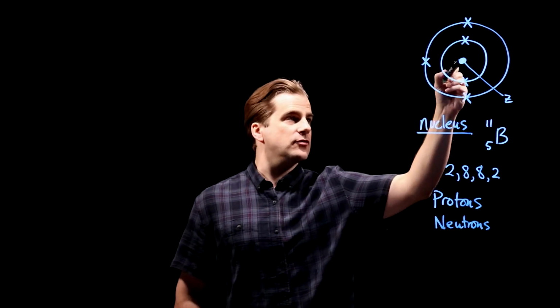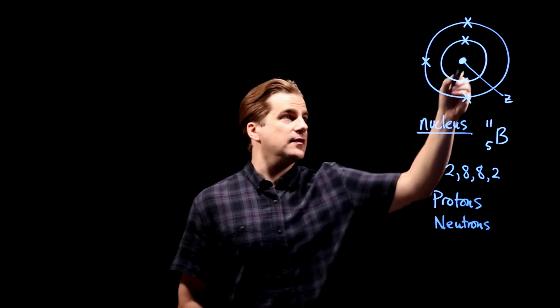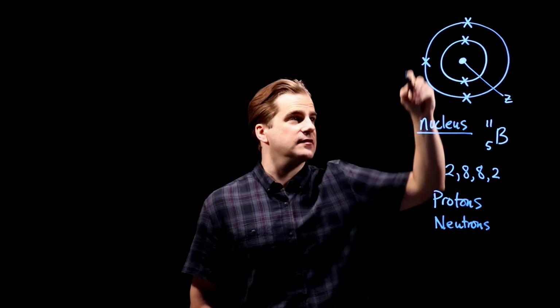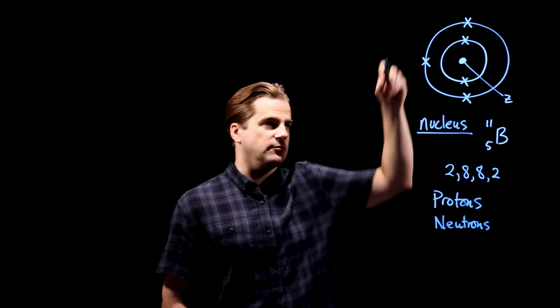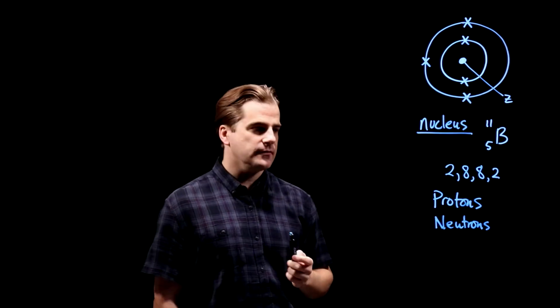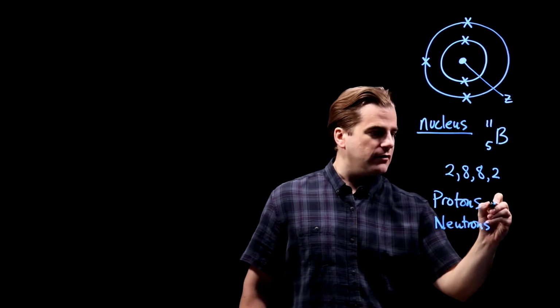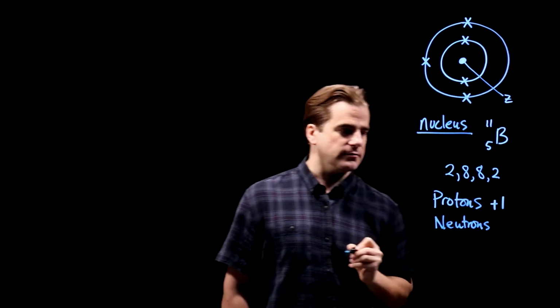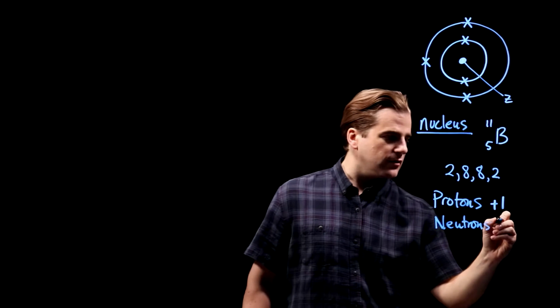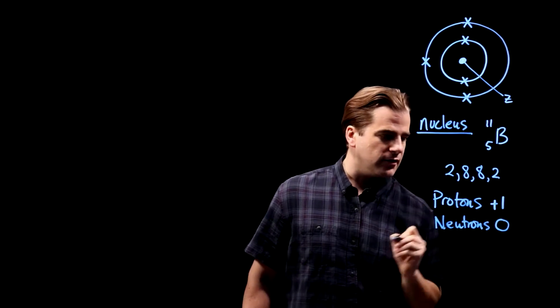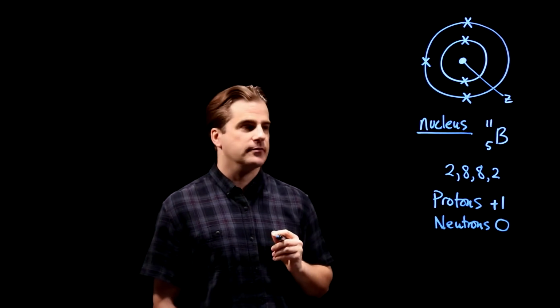The protons and neutrons exist in the nucleus, and the electrons exist in shells around the nucleus like that. And their relative charges are this. Protons have a relative charge of +1. Neutrons are uncharged. They have a relative charge of 0.